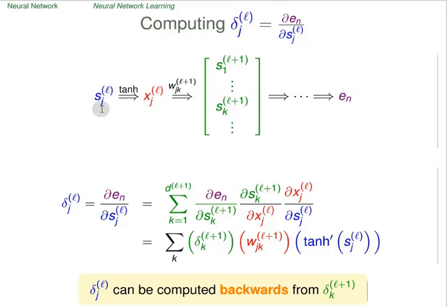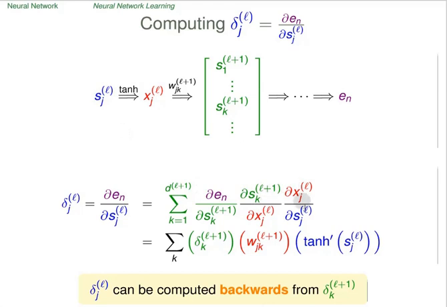Again, we can use the chain rule to compute the following derivative of the error. So delta at L will be equal to the following three components after applying the chain rule. Partial of E with respect to S at L plus 1, the signal at L plus 1, and partial of S at L plus 1 layer with respect to X at L. And then we have partial of X at this layer with respect to S at L, right?